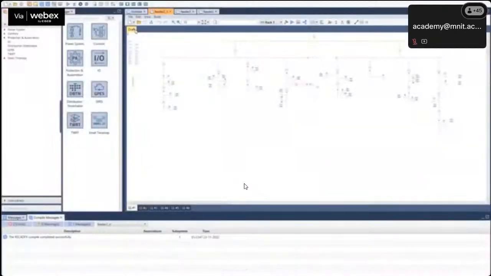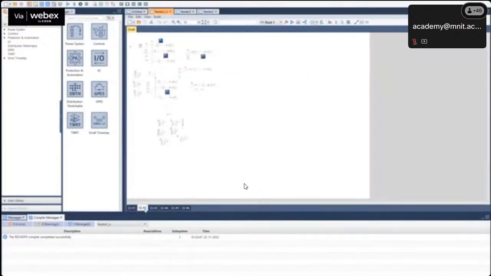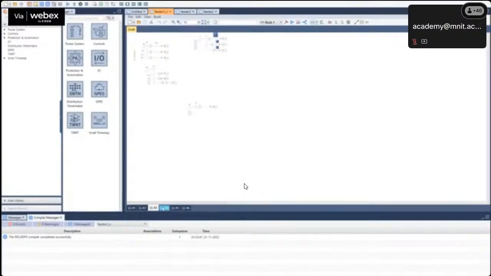The IIT Roorkee distribution system has been modeled in the draft file of RSCAD for real-time analysis. Here we are using RSCAD version FX 1.1. The 11 kV system is modeled in the first subsystem, whereas the 415 volt networks are modeled in the subsequent subsystems.